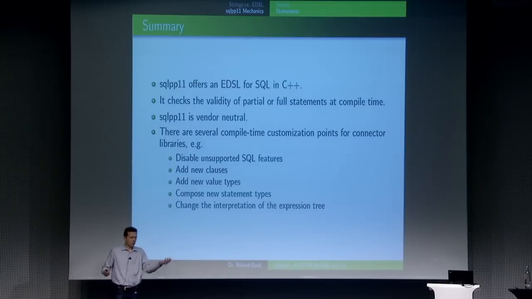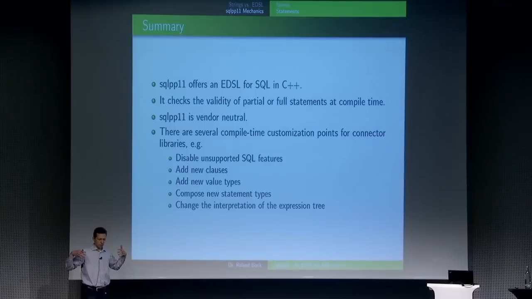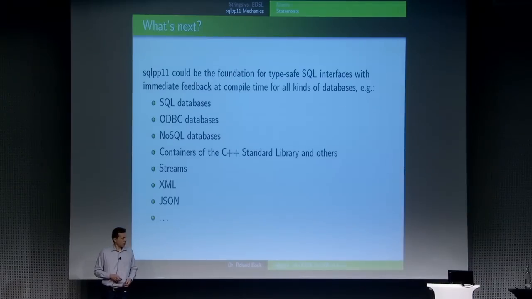And of course, you could also use a connector library to work with several libraries. Then you have to think about what you want to do at those customization points, what you want to do with features which are not supported by certain libraries, how you want to handle that. I don't know. It's a matter of taste then. All right, so what's next?